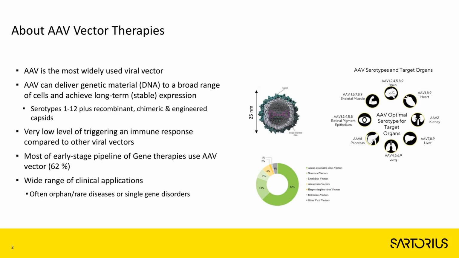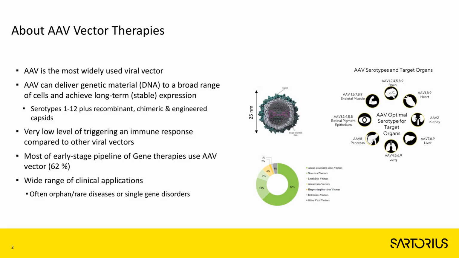So AAV is the most widely used viral vector in the world today and can deliver genetic material to a broad range of cells and achieve long-term, so stable, expression. Interestingly, it comes in a lot of flavors, which are serotypes, plus recombinant, chimeric, and engineered capsids. This, as we'll see later, can make it a bit of a challenge.